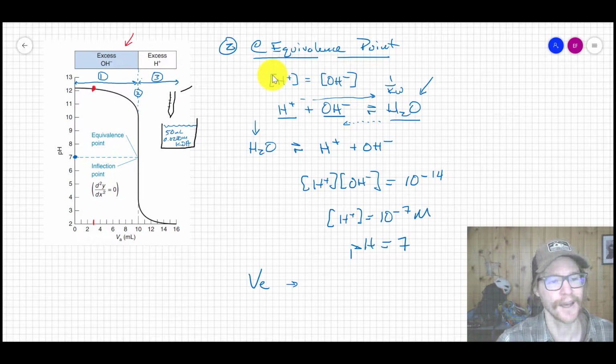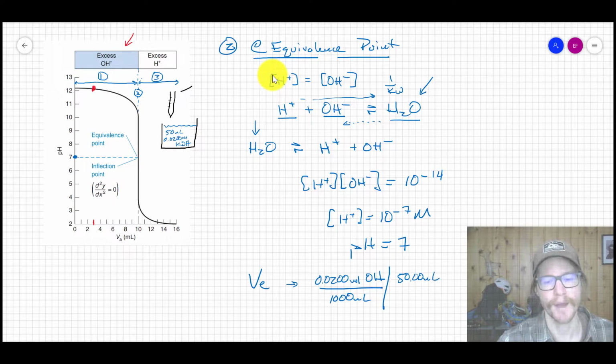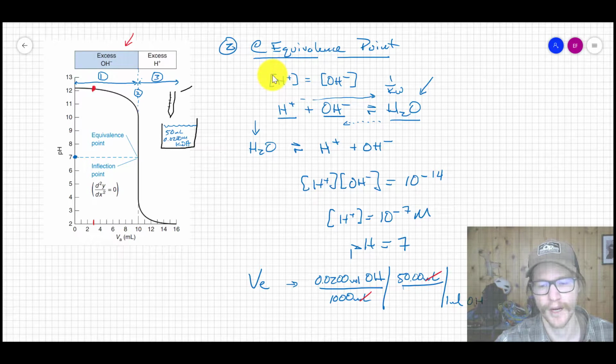You can either just do this dimensionally and say that, okay, I've got 0.0200 moles of OH per 1,000 mLs. That's my original base concentration. Multiply that by the 50 mLs. That gives me my base moles. Let me cross those out. So that's moles of base, and then I could say, well, 1 mole of base requires 1 mole of acid to react. We know that simply by the balanced chemical reaction here. So we can cross out moles of hydroxide.